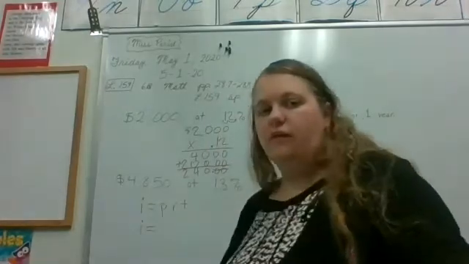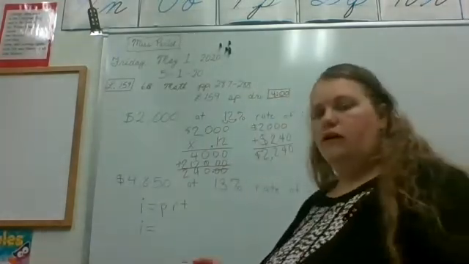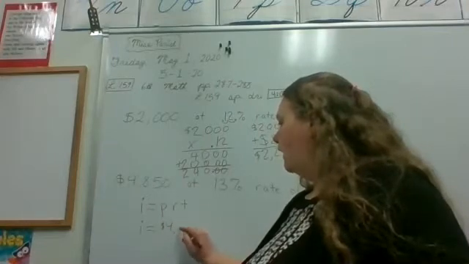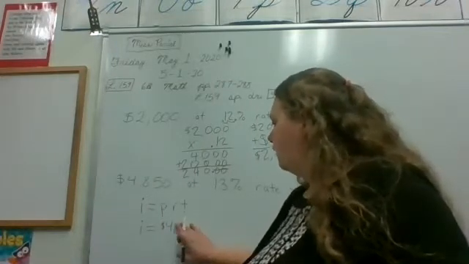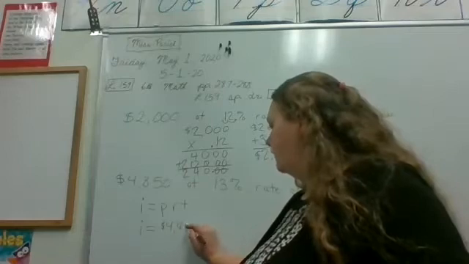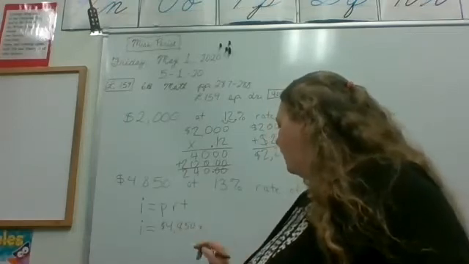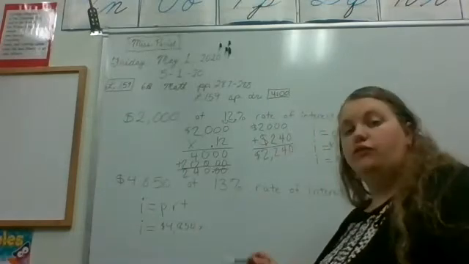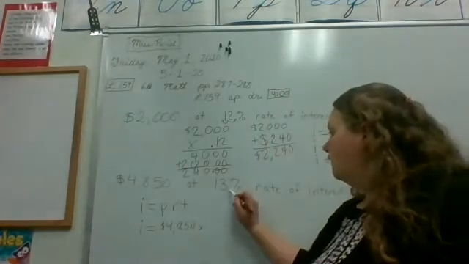What was the number at the beginning, if you wrote it down? 4,850 times, what is our rate? 13%, so turn that into a decimal.